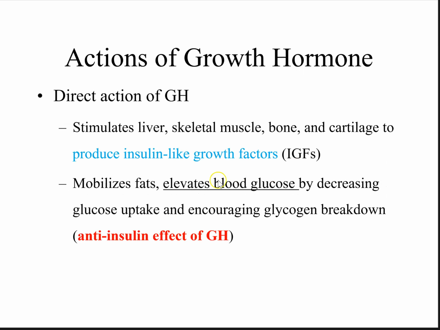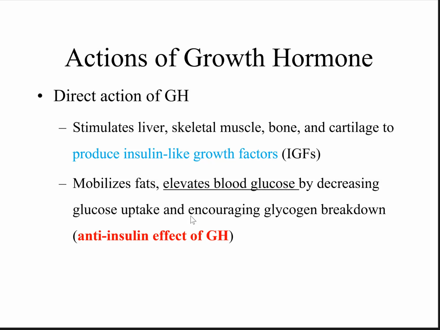The direct actions of growth hormone include stimulating the liver, skeletal muscles, bones and cartilage to produce insulin-like growth factors so we can grow taller. The other direct action is to perform lipolysis, and it elevates blood sugar by decreasing glucose uptake by cells.